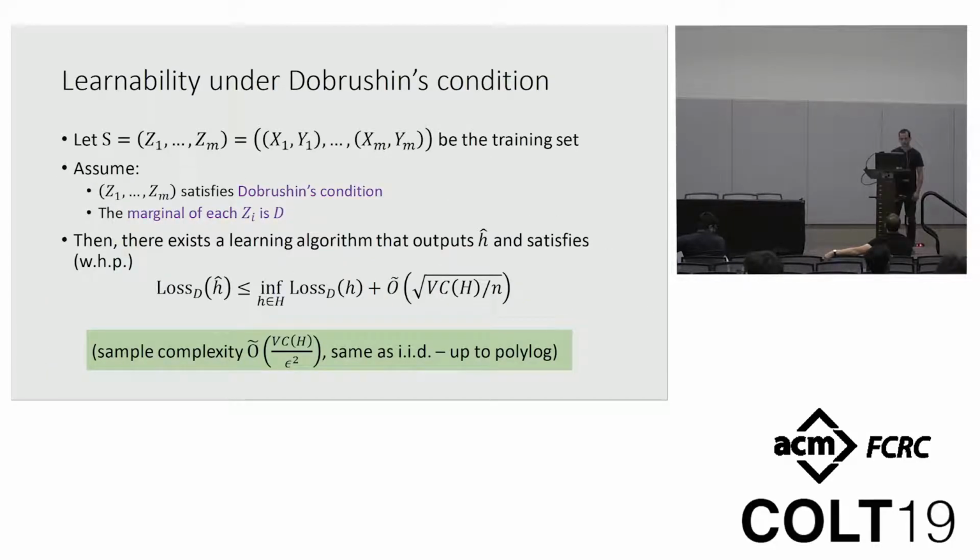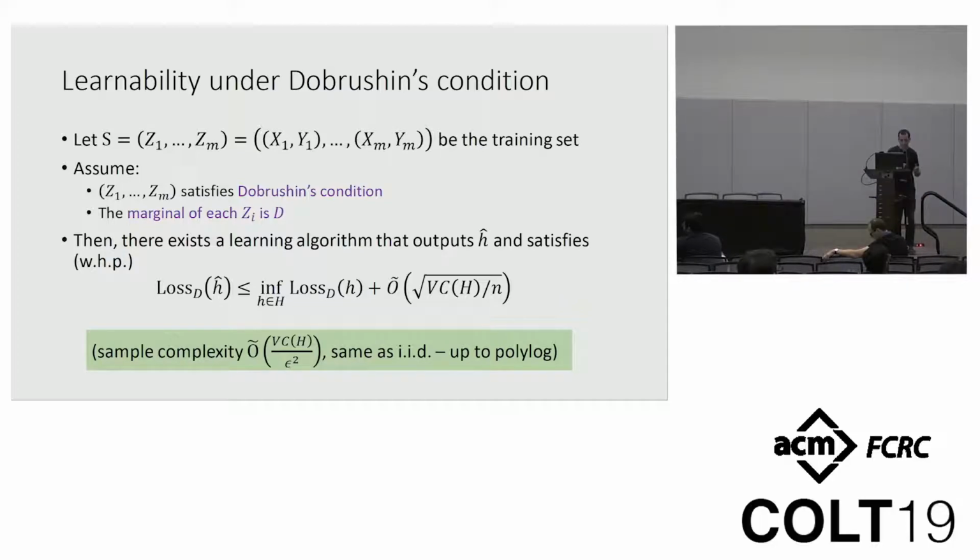Okay, so this is the result on learnability under the Dobrushin's condition. We have some training set of examples, and now these examples, rather than being IID, are jointly Dobrushin.